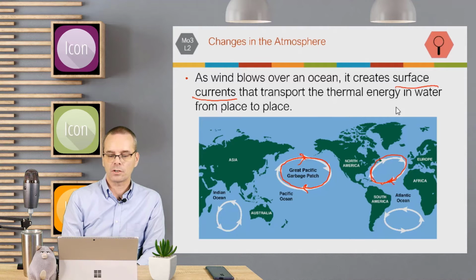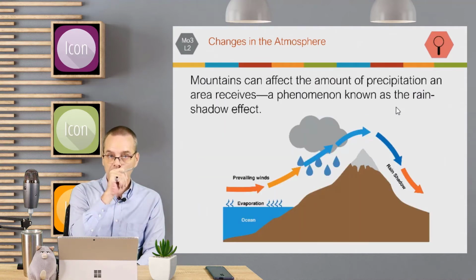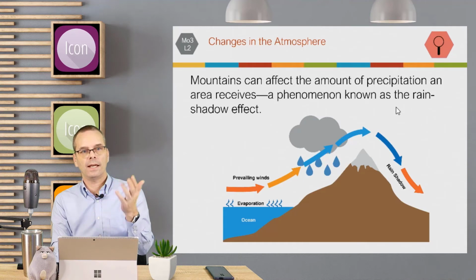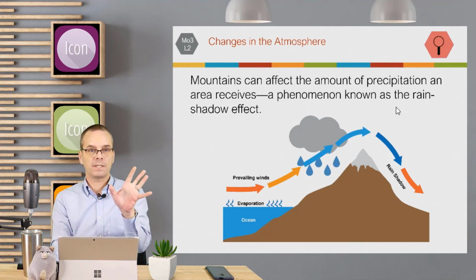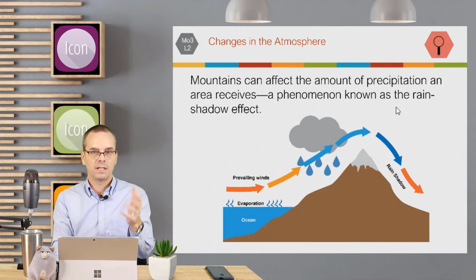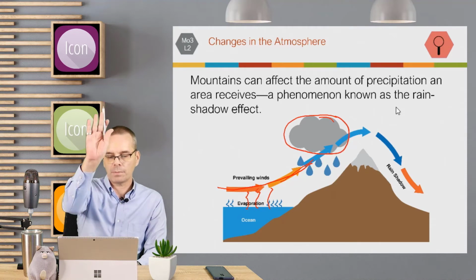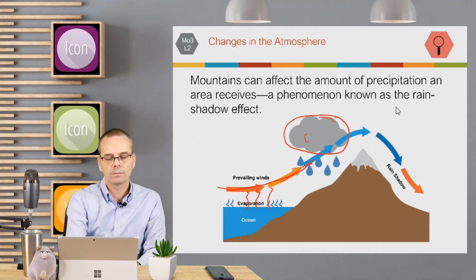We get surface currents. Now, mountains can also affect weather. They can affect the amount of precipitation an area receives. Like, for example, you got a lot of water evaporating from the ocean, right? And then the winds from the ocean push that inward and up. The mountain makes it go up, and so it starts to cool.